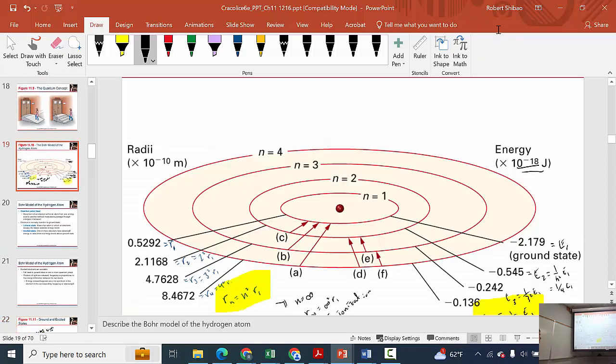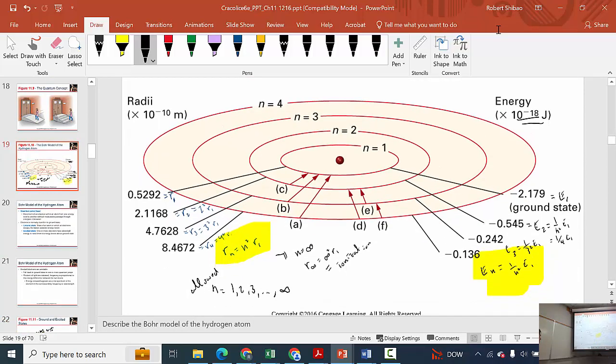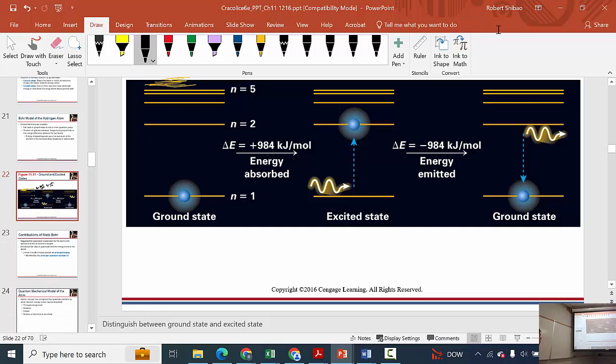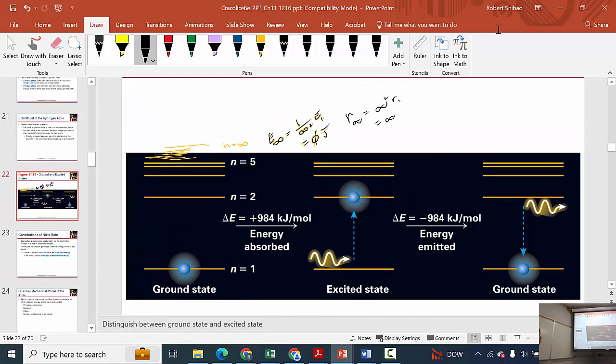Go back and take a look. They use meters, times 10 to the minus 10 meters. And so this would be infinite meters away. So, in other words, the energy converges to 0. The radius diverges to infinity. So this is what we observe.